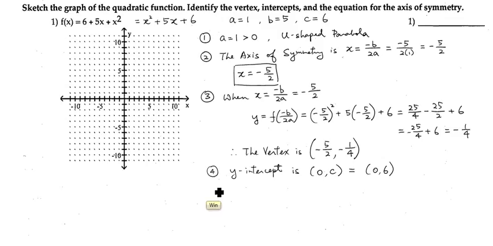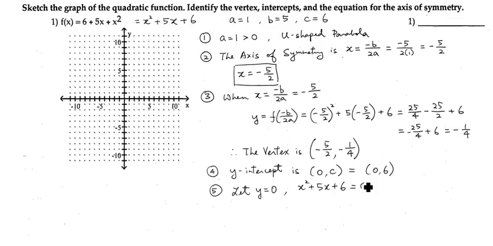Number 5, we want to find the x-intercept. So for the x-intercept, we will need to let y be 0. So that means x squared plus 5x plus 6 will be 0. The best way to solve this quadratic equation is using factoring.